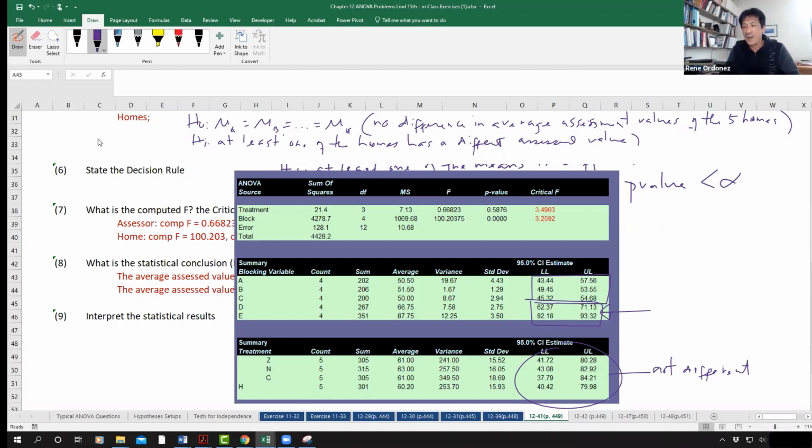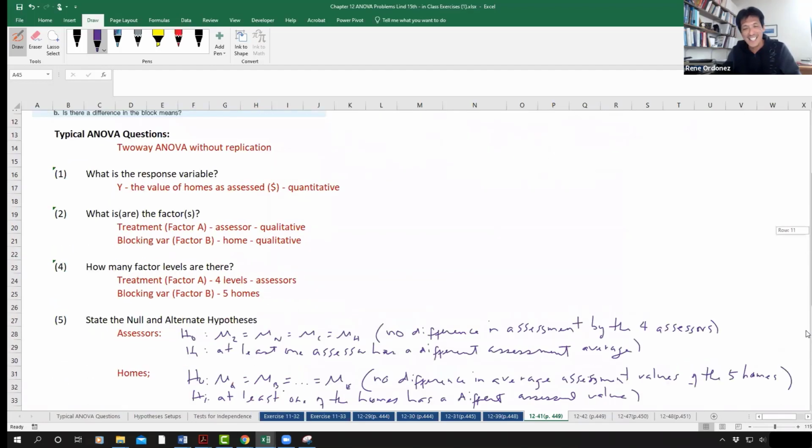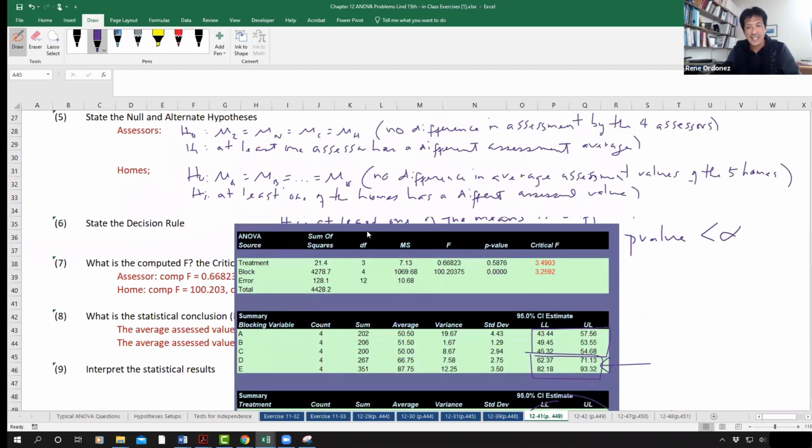But as far as the city manager is concerned, he or she would want consistency among the assessment by assessors. All right. Does that make sense?